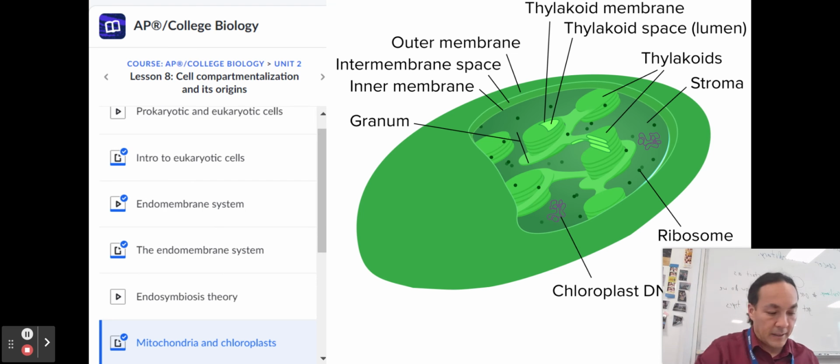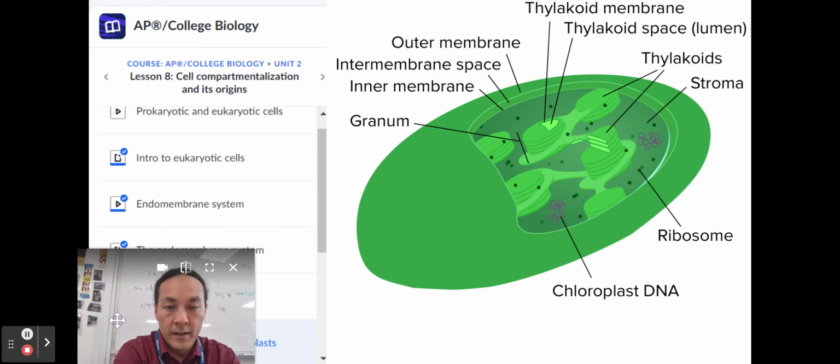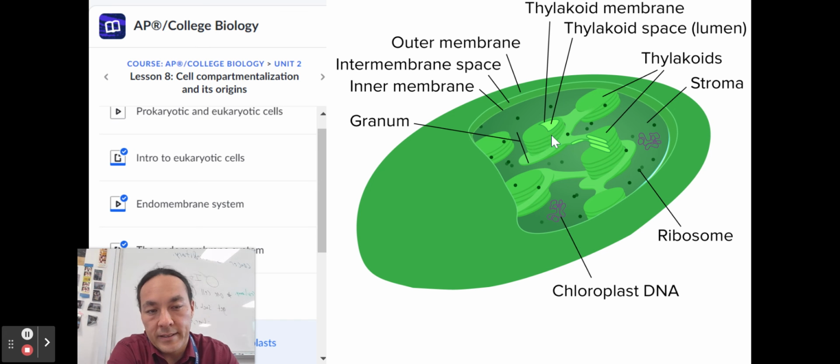So let's check them out. I'm looking at my guide here that says we need to know a fair amount of the items inside the chloroplast. So let's dive in. The chloroplast has two membranes, an inner membrane and an outer membrane. It's going to have these thylakoids here, which are the site of the light-dependent reactions of photosynthesis.